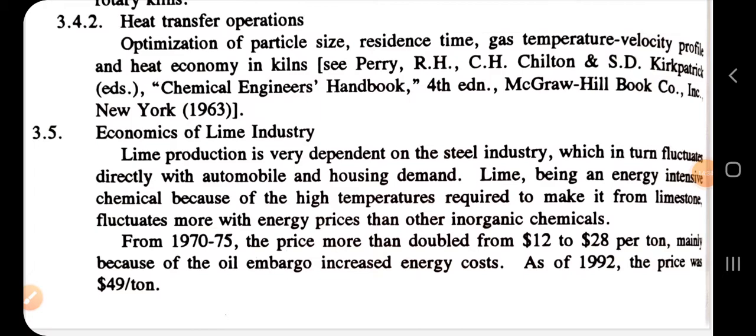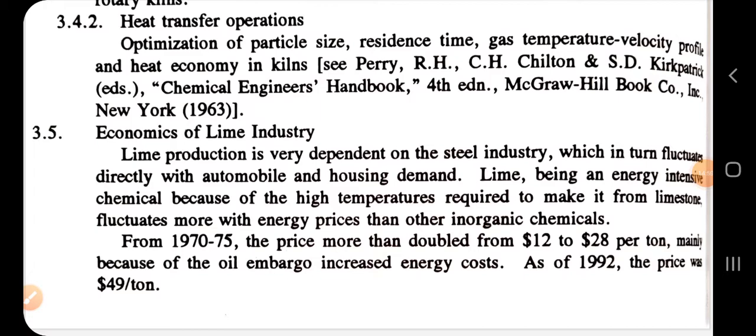These are data from 1970 to 75. The price more than doubled; these are international prices. We can see the price doubled from $12 to $28 per ton, mainly because of the oil embargo and increased energy cost.